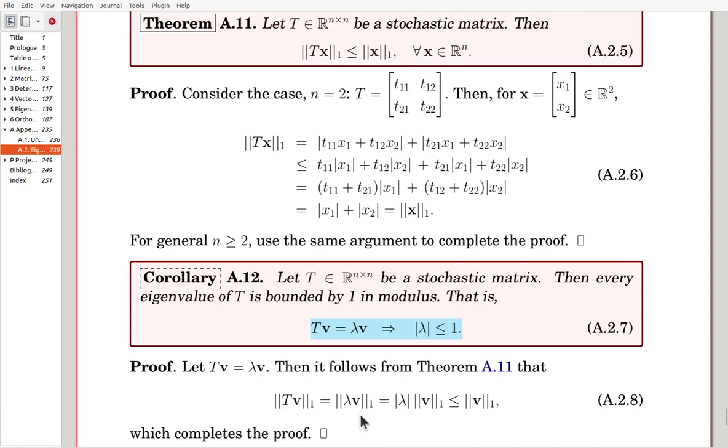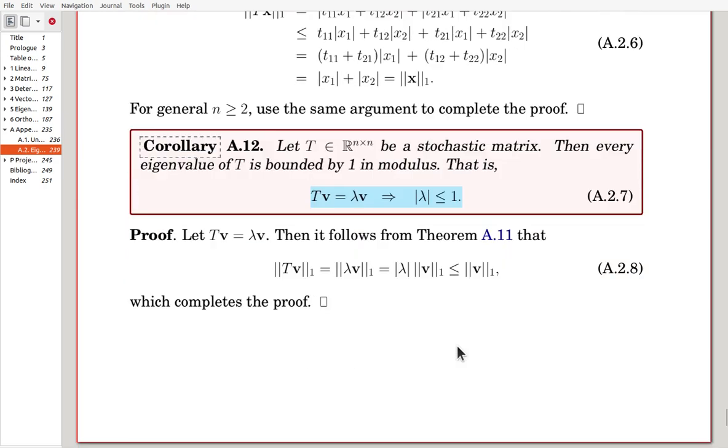And a property of norm is here, the scalar multiple can go out with the absolute sign. So this quantity is the same as that one. Now we try to use this theorem, and for arbitrary x it is true. So for v, it must be true. So the 1-norm of Tv is bounded by the 1-norm of v.